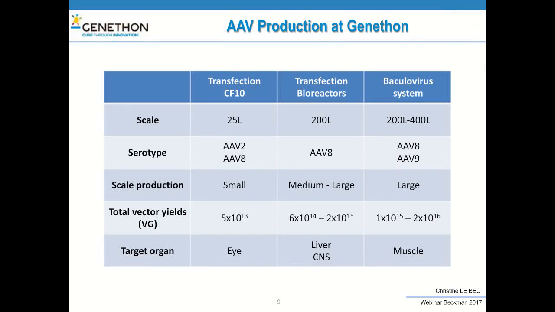The AAV production at Genethon is based on these three different processes: transfection in cell factory, transfection in bioreactor in suspension, or using the Baculovirus system.